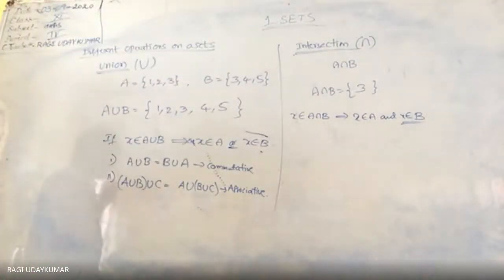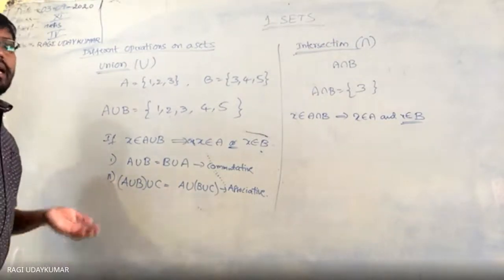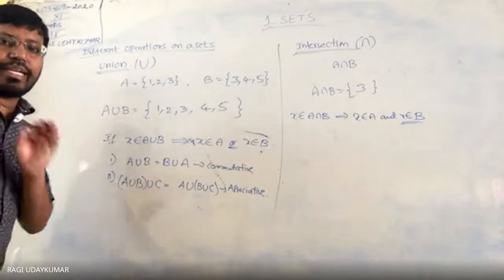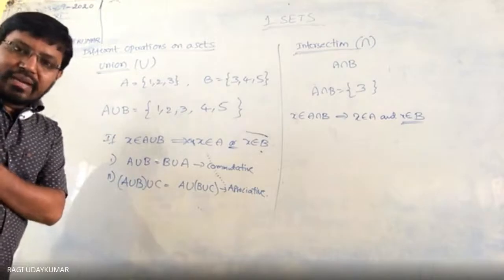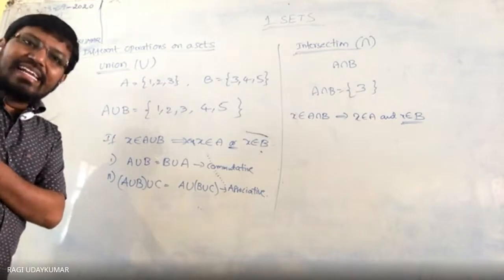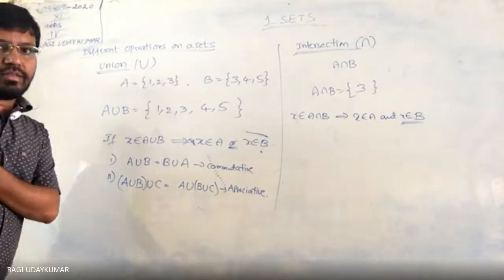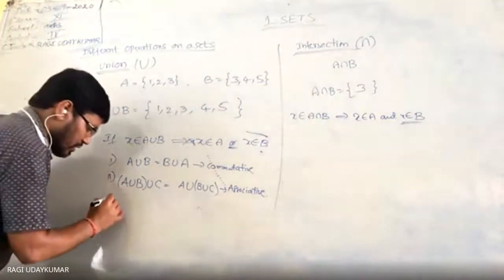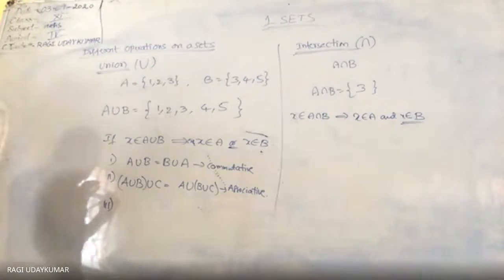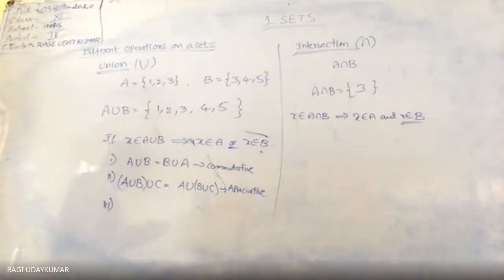And here you are going to have the properties, laws you can say or properties you can say, that doesn't matter. And the property of the empty set and the universal set, or you can consider them as identity laws, identity properties. Identity property is nothing but the properties of phi and the universal set.